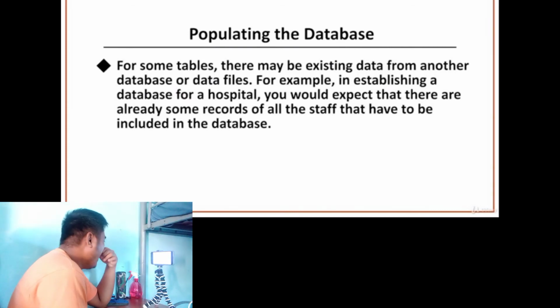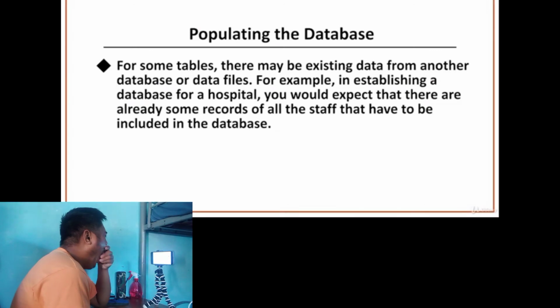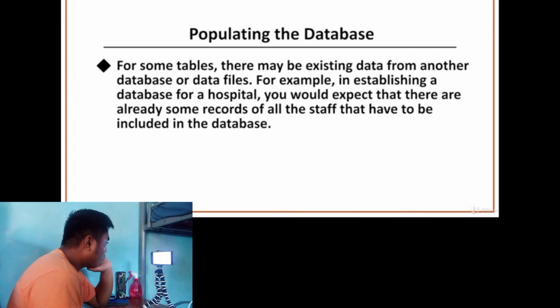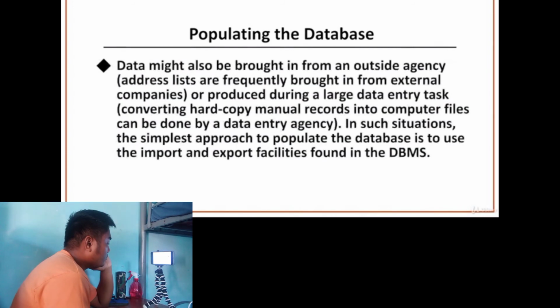For example, in establishing a database for a hospital, you would expect that there are already some records of all the staff that have to be included in the database. Data might also be brought in from an outside agency. Address lists are frequently brought in from external companies, or produced during a large data entry task, like converting hard copy manual records into computer files can be done by a data entry agency.